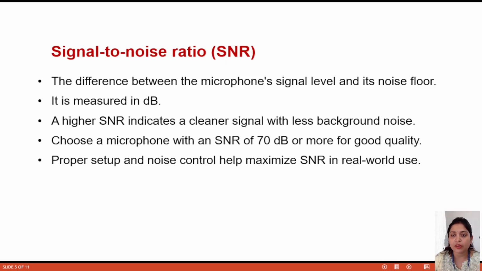Proper setup and noise control help maximize SNR in real world use. To increase the signal to noise ratio, we have to reduce the noise, and only then will we get a very good output signal.